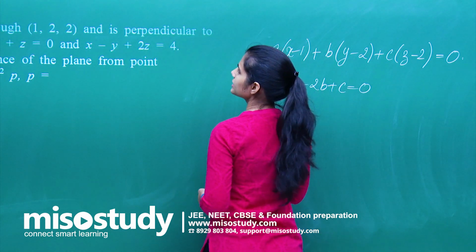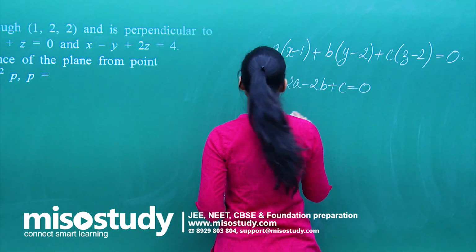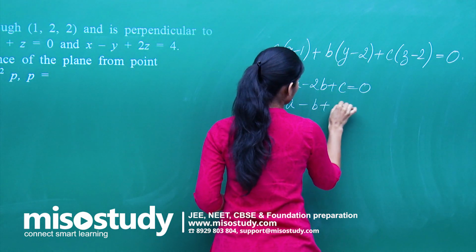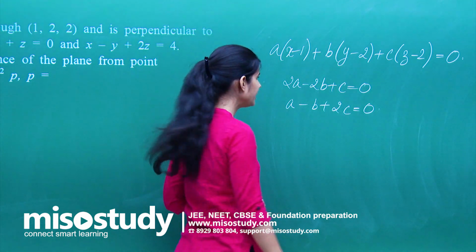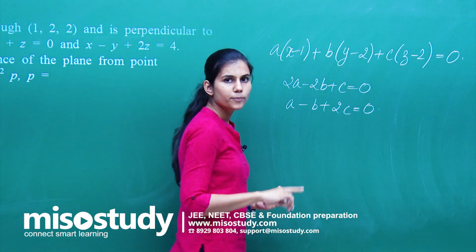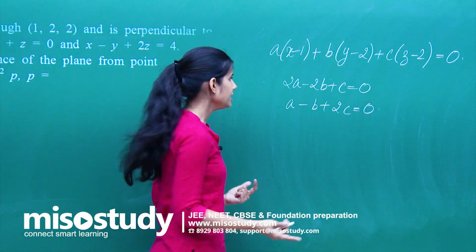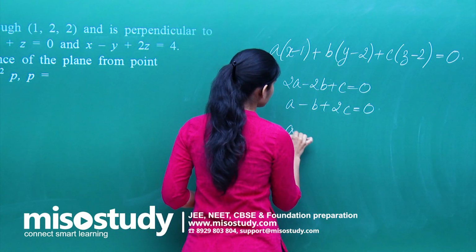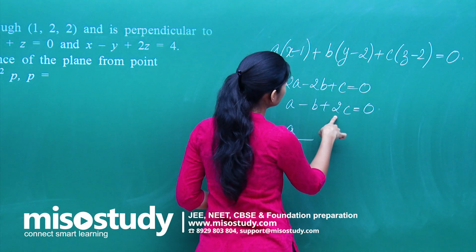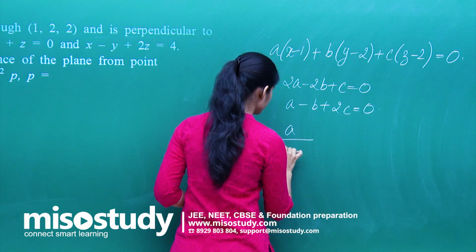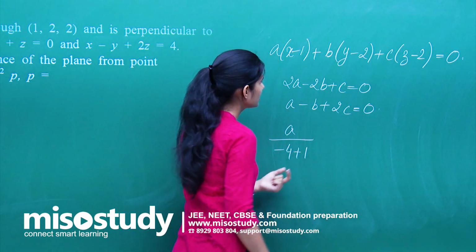And you also get a minus b plus 2c equals 0. Fine. The dot product of their normal vectors is basically 0. From here you get what? A upon, this becomes what? Minus 4 plus 1, isn't it?